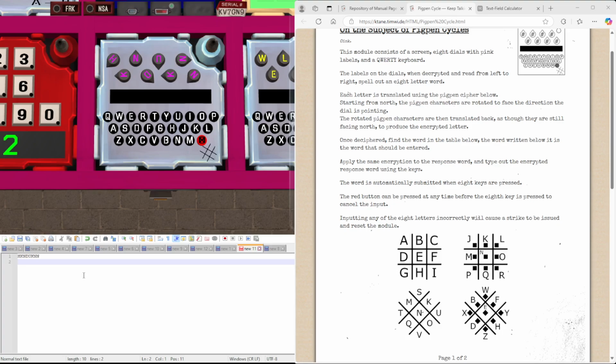So K, I'm trying to find a letter that only appears once in the grid. U, if U is pointing downwards, to give U, that would mean that we have S, I think. This one stays the same, I think.